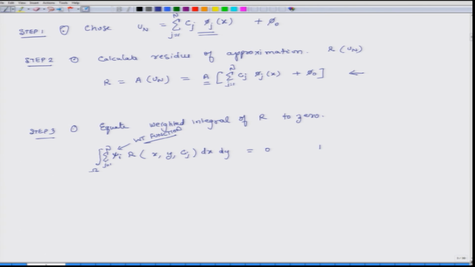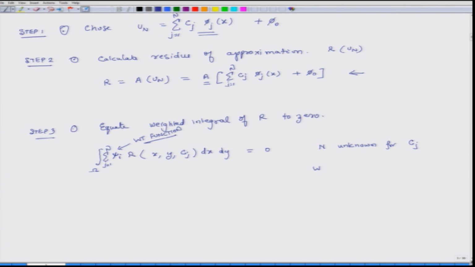So, there are a total of n unknown values for Cj, because this is an n term solution. So, I have to make n different choices for psi i, to ensure that I get n equations for n unknowns.